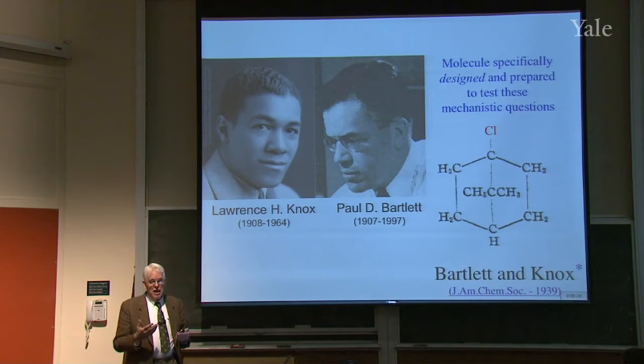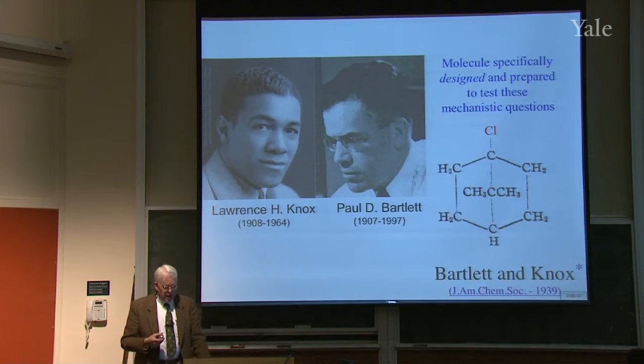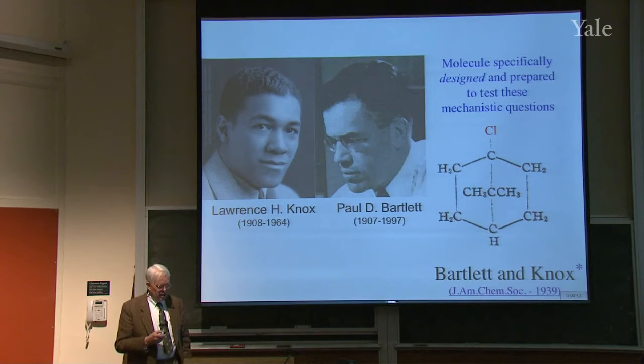And the question is whether you could have a non-planar cation, or whether you could attack from the front instead of from the back. By showing that this compound was inert to such substitutions, they were able to show that those inferences were correct. So they specifically designed and prepared this molecule to test these mechanistic questions.